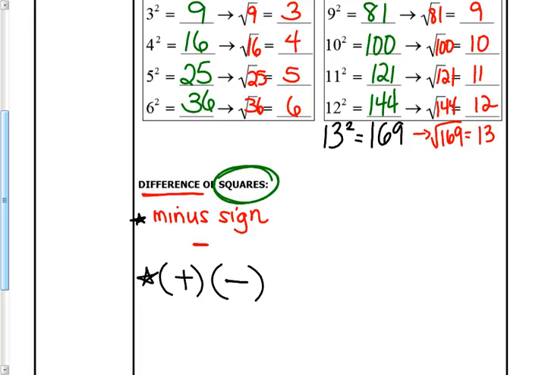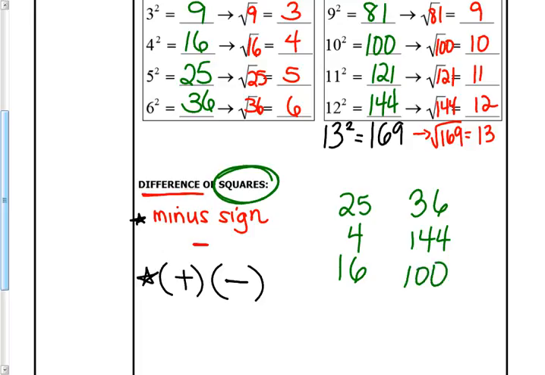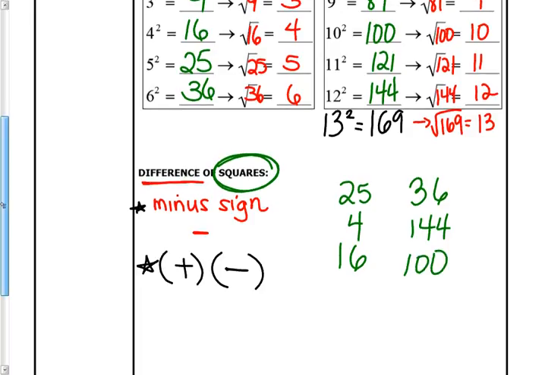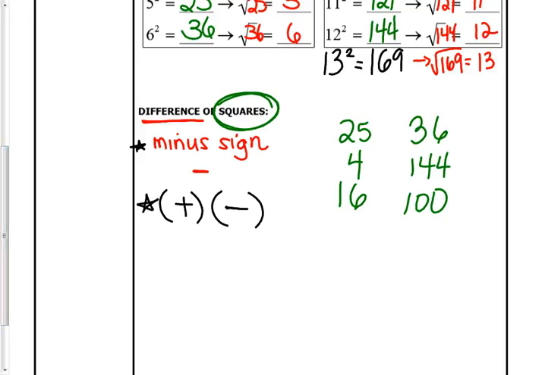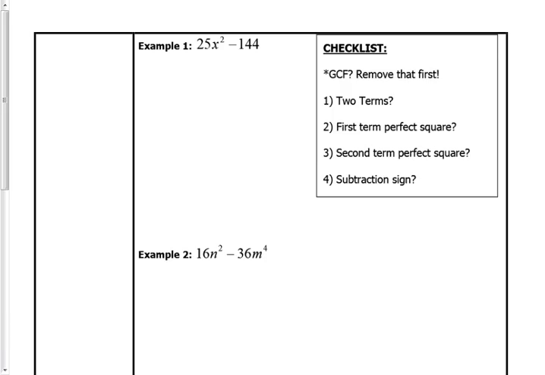We're going to see numbers like 25, 4, 16, all these numbers that we just did as our square terms, like 16, 25, 36, 144. You have to recognize these because these are our perfect squares, and it's going to help us figure out how to factor these. Okay, let's go ahead and dive right in with example 1.